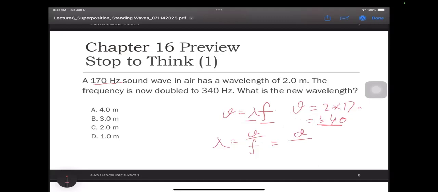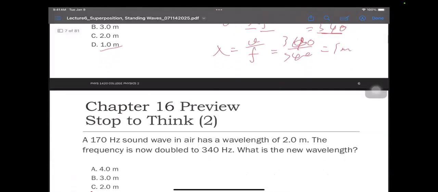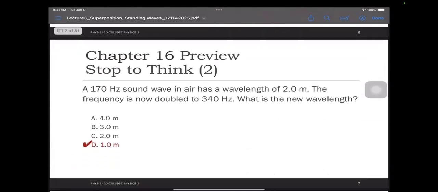We know the velocity is 340 and the frequency is changed to 340, so the wavelength is obviously one. Does it make sense to you? Okay, let's continue. You can see the answer is one.